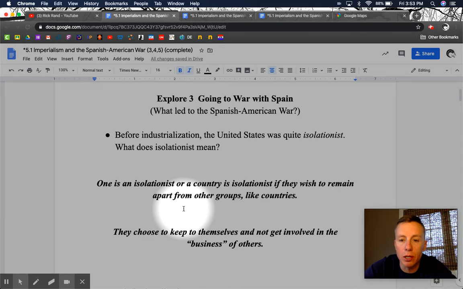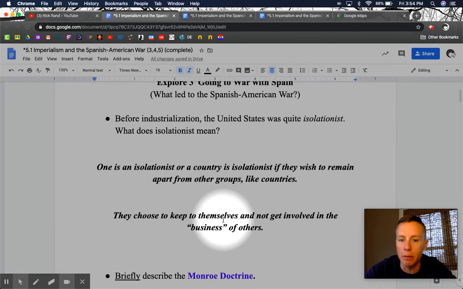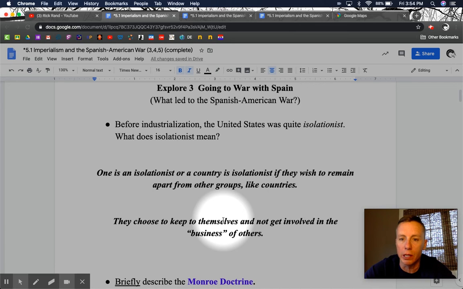One is isolationist if you wish to remain apart from other groups, like countries, like what we're doing right now. We're all isolating ourselves from others, okay? Not for the reason America was doing it before industrialization, but you know what I mean. We're choosing, and America chose to keep to itself and not get involved in the business of others. That was before industrialization. Just on our own, the focus was inwards, not outwards.